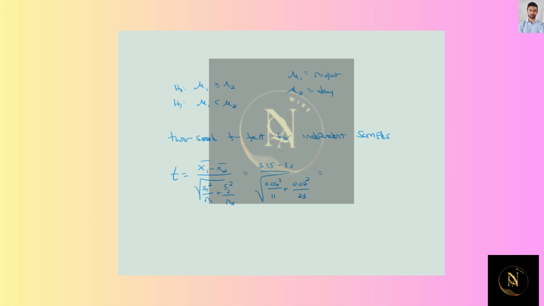Let's calculate. And that's a t-score of negative 2.69 to 2 places.